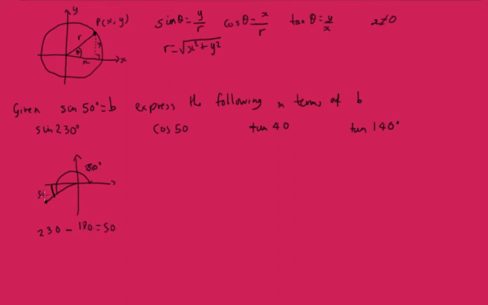So this is 50 degrees. Therefore, the sine of 230 must be equal to the sine of 50, minus 50, because remember, all students trust Cambridge, and that's t, so the sine is going to be negative, so it must be minus the sine of 50, which must be equal to minus b.